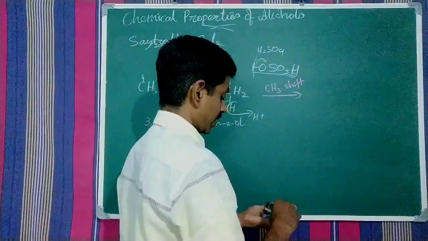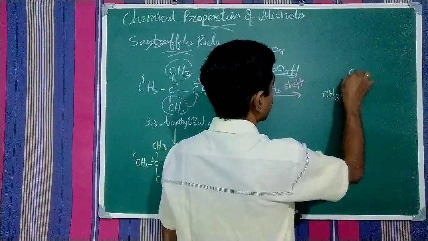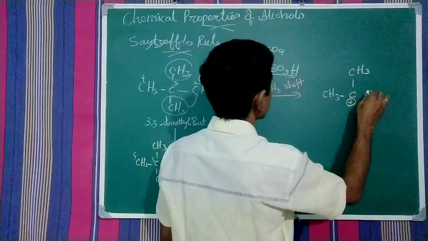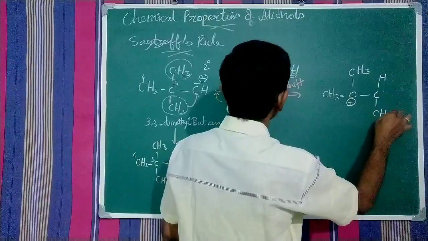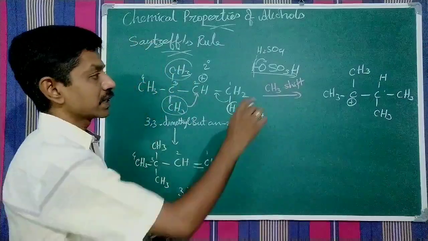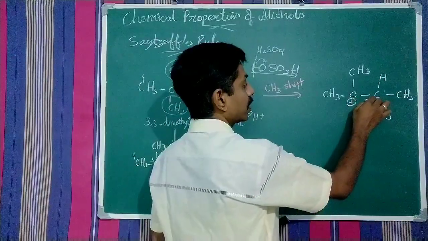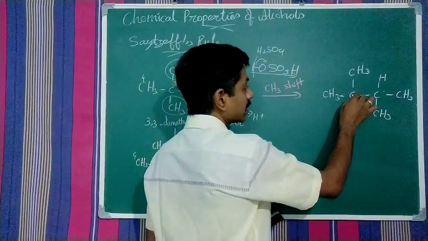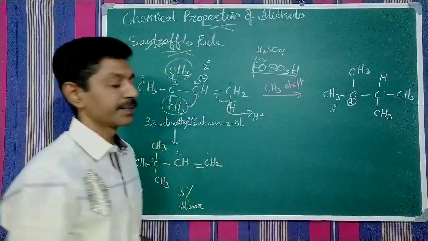We can write it this way: CH3 carbon, CH3, and here it gets a positive charge, and here CH, CH3, and here CH3. So this is the next molecule. The methyl has got shifted. Because of the methyl shift, this carbon receives a positive charge. Now if you closely see this carbon, it is C plus in nature, that is a tertiary carbocation.